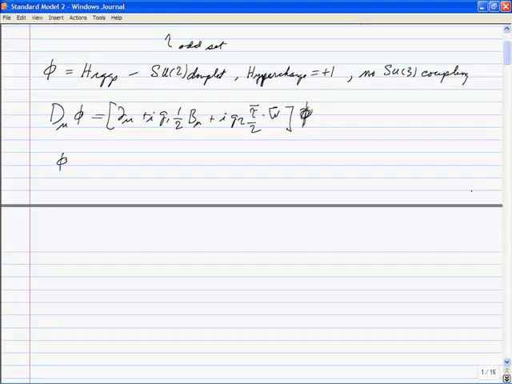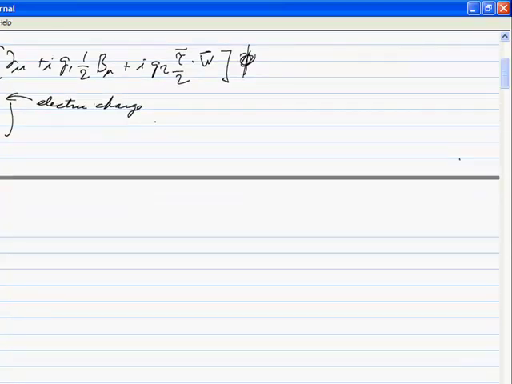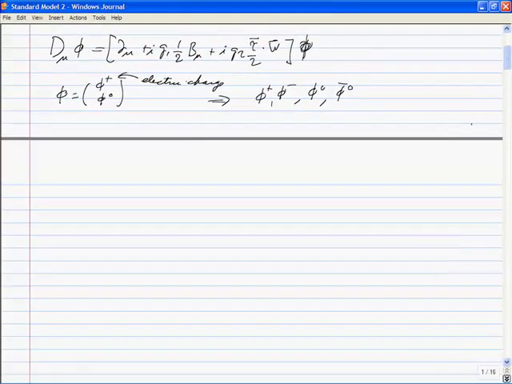Given that charge assignment, it's going to come out to have a positive component and a neutral component. This is going to be the regular electric charge. So this implies really there are 4 particles: phi plus, phi minus, phi 0, and phi 0 bar. And there are 4 degrees of freedom.